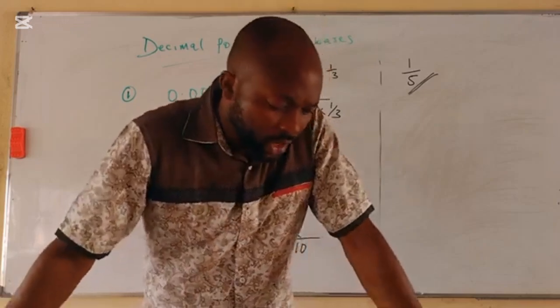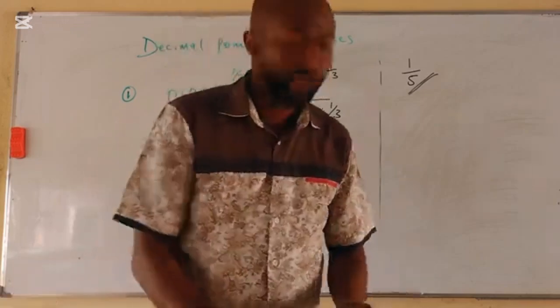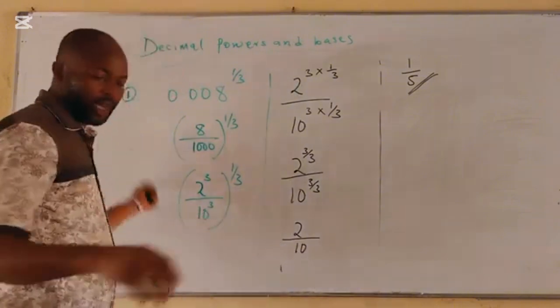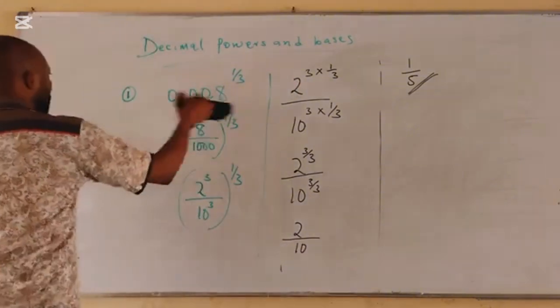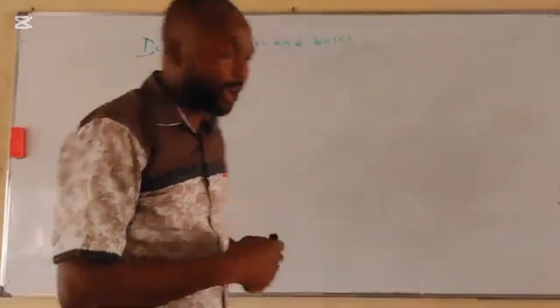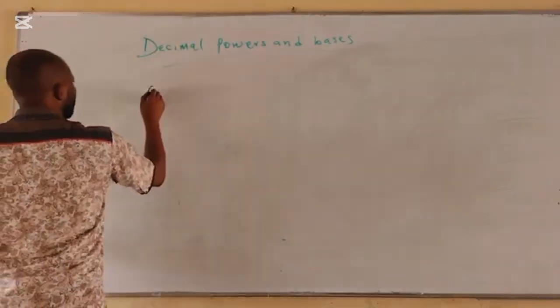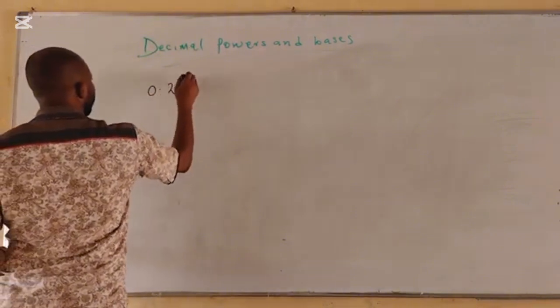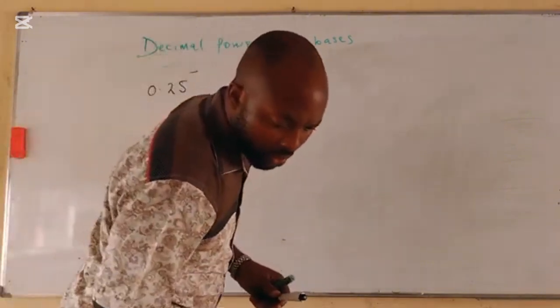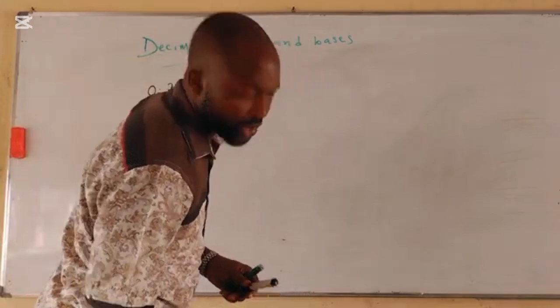Let's call it example 2, under decimals. 0.25 raised to the power of minus 2.